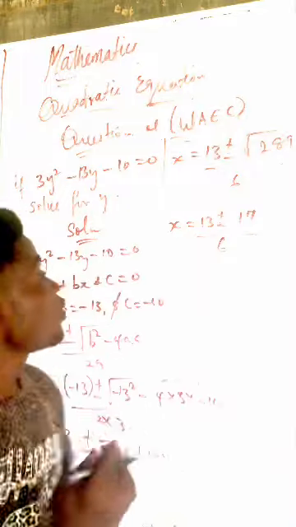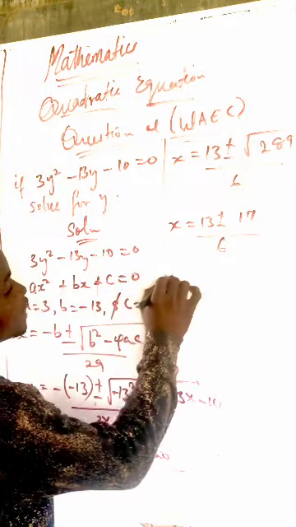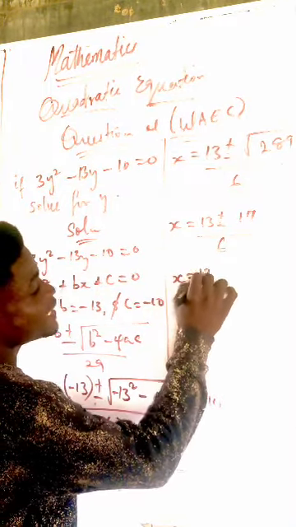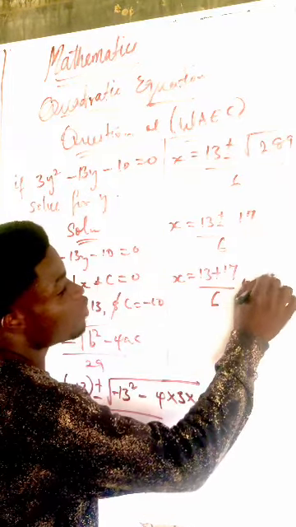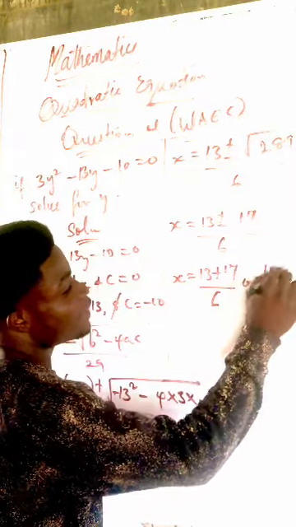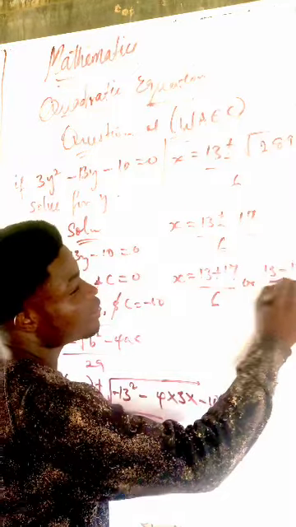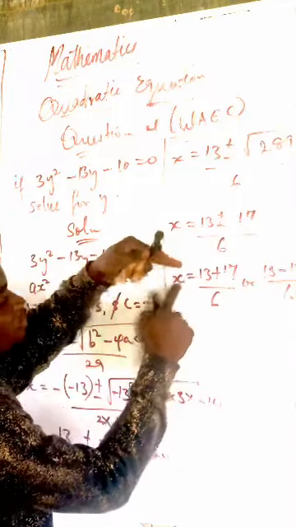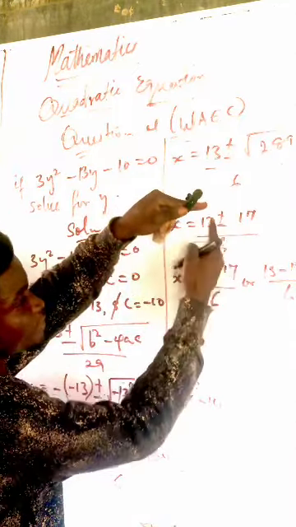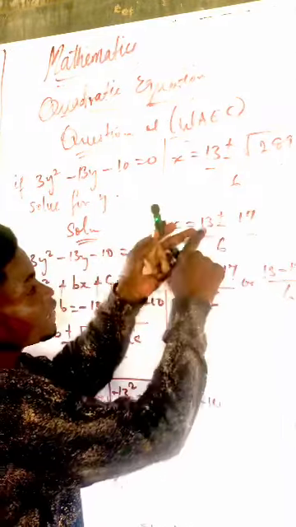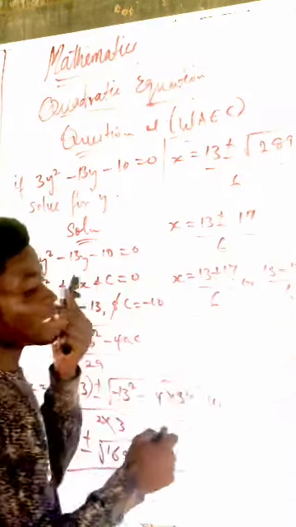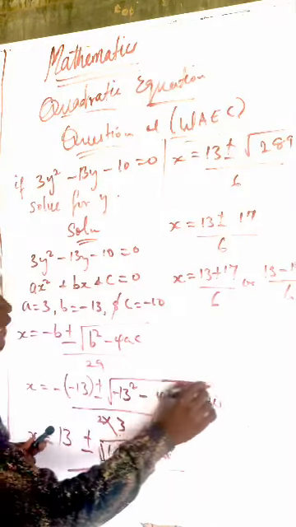So x is equal to 13 plus 17 over 6, or x is equal to 13 minus 17 over 6. This is plus or minus. So pick the first plus 17 over 6, or 13 minus 17 over 6. That's where the plus or minus reflects itself.